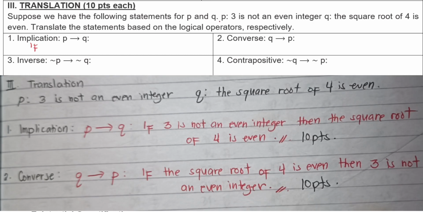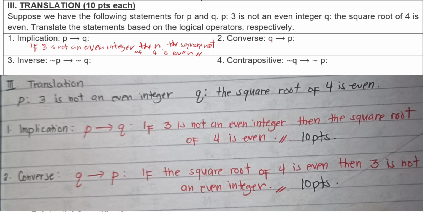Then copy the P, which is 3 is not an even integer. Then we're going to use the then because that is conditional. Then Q, okay, the square root of 4 is even.